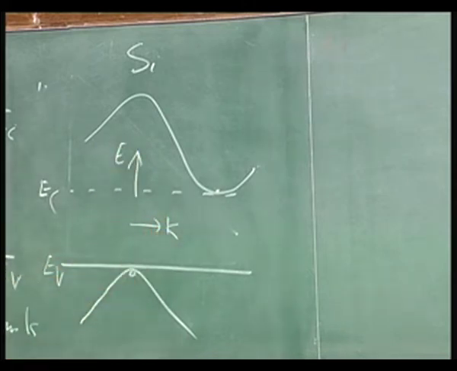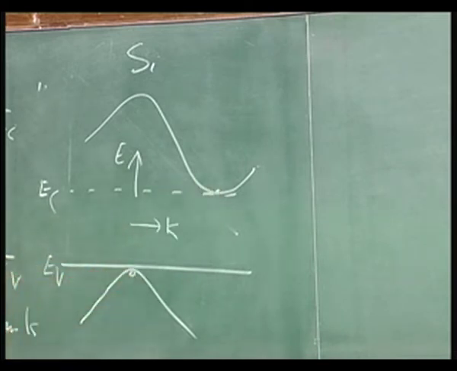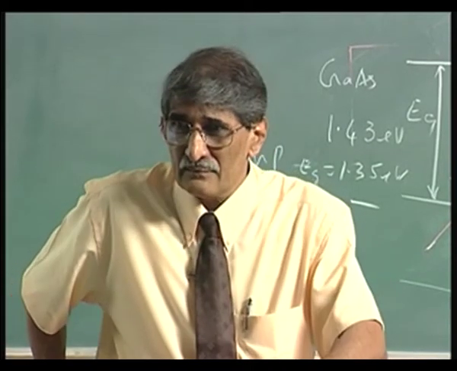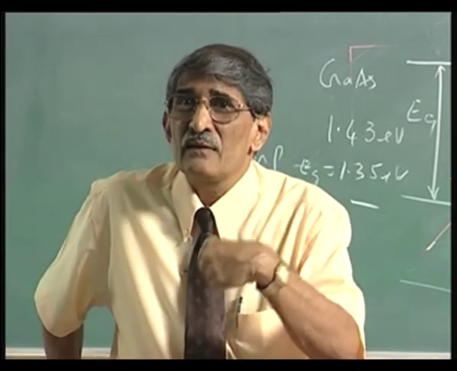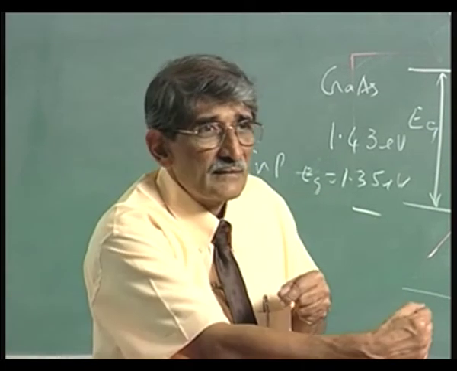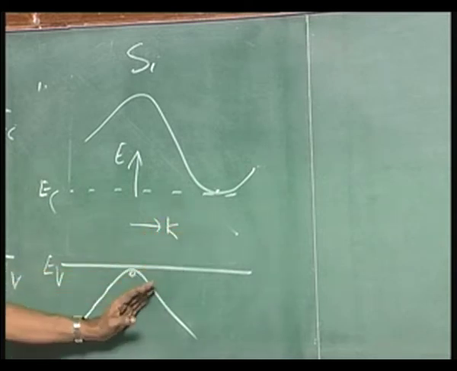Notice the electron here, if it has to make a transition from the conduction band edge to the valence band edge, it will have to satisfy energy conservation. It should look for a particle which will absorb the energy. It should also look for a particle which will absorb that difference in the momentum. That makes the transition difficult.